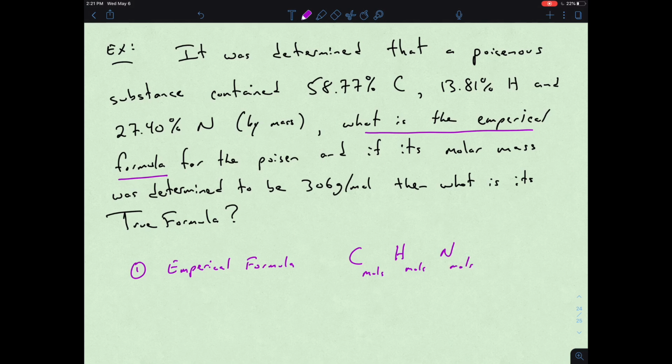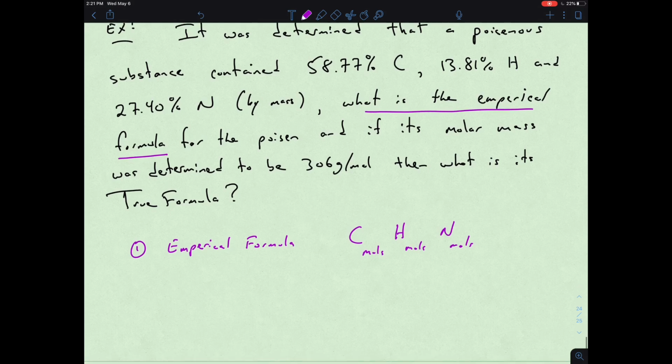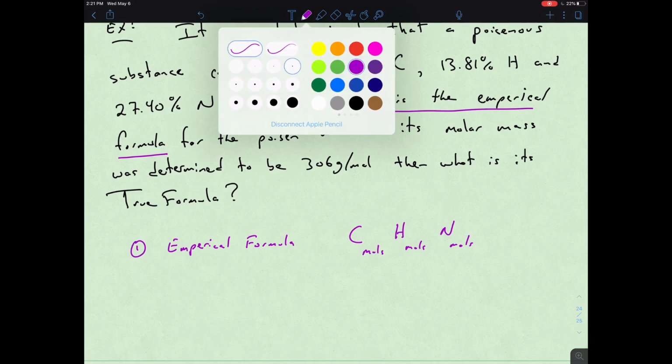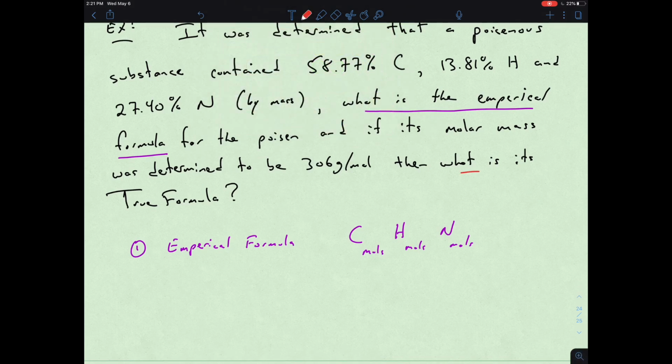That's the first bill. And then we have the second bill, which will be: what is the true formula, if we know its molar mass is 306 grams per mole. So we have really two pieces to this question. First the empirical, and then next the actual true formula.